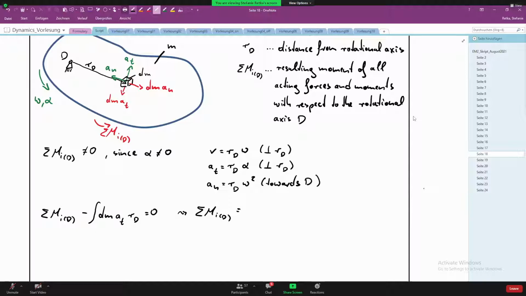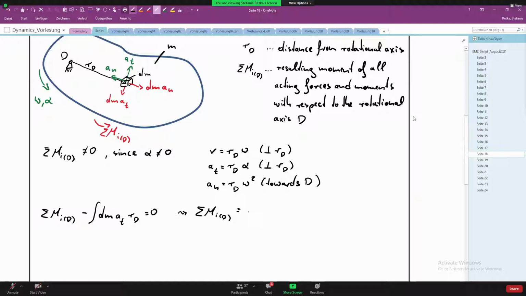I'll rearrange the equation, then maybe it's easier to understand, easier to see. I substitute the tangential acceleration by this equation right here, r_D times alpha. Okay, I substitute this into our equation.